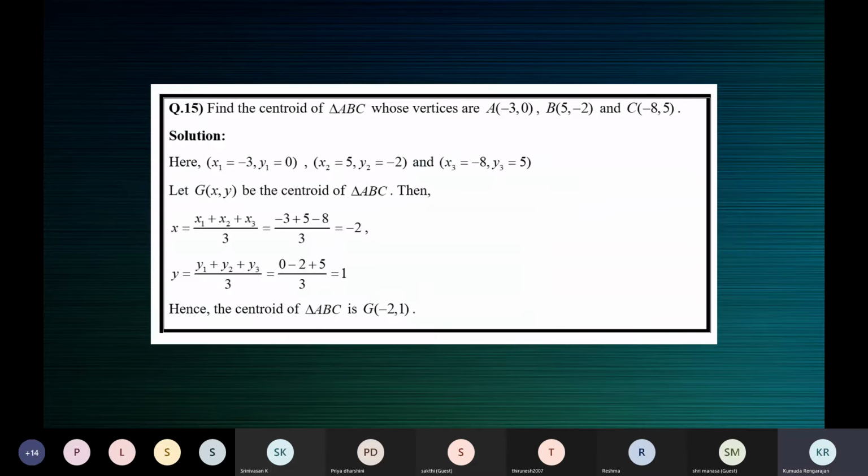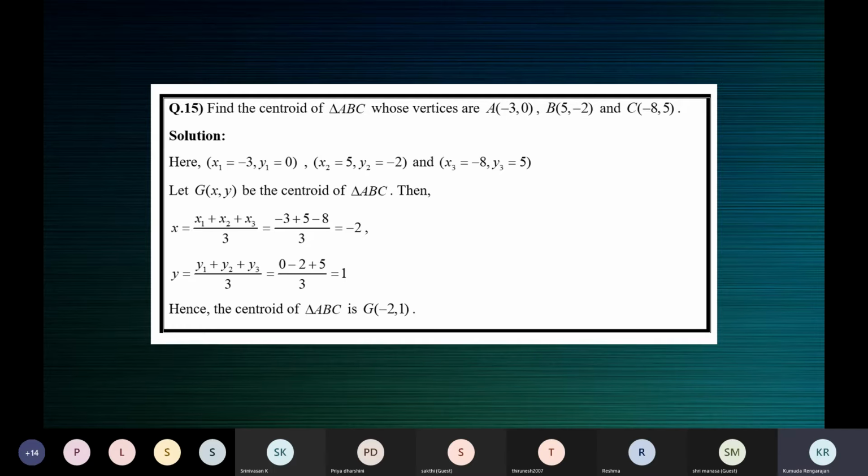So you can see it here. To find the coordinates of the centroid. Find the centroid of triangle ABC. Find the centroid meaning find the coordinates of the centroid.